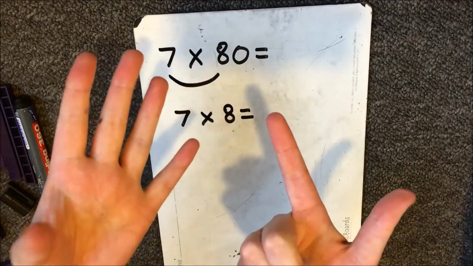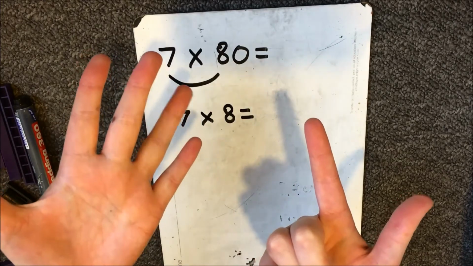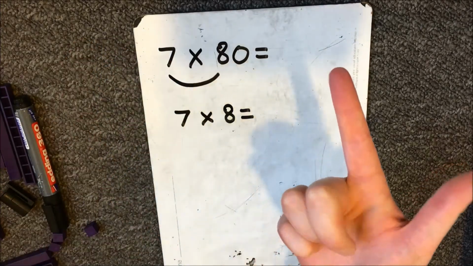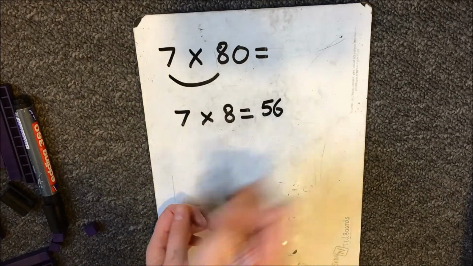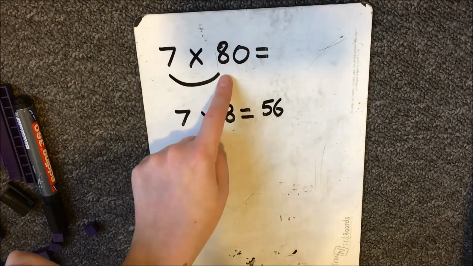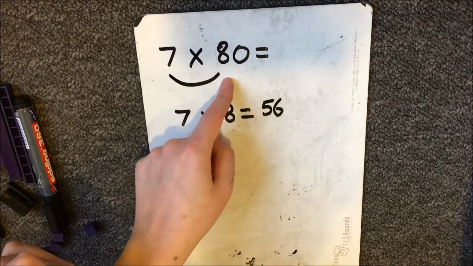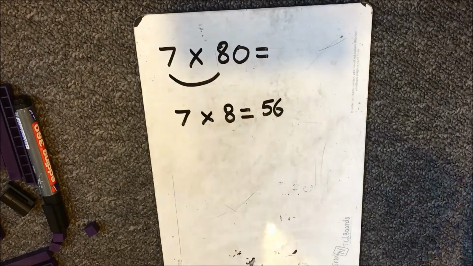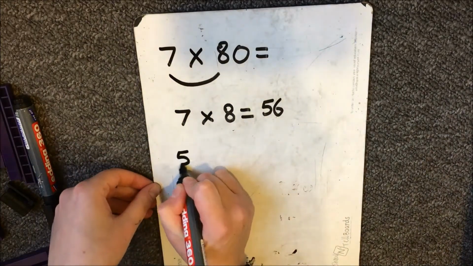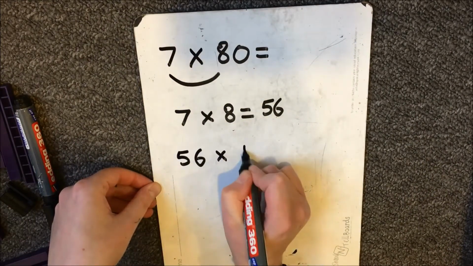7 fingers up. 8, 16, 24, 32, 40, 48, then 56. But I'm not timesing by 8 ones. I'm timesing by 8 tens. So it has to get 10 times bigger. 56 times 10.